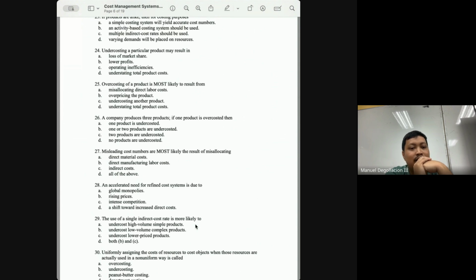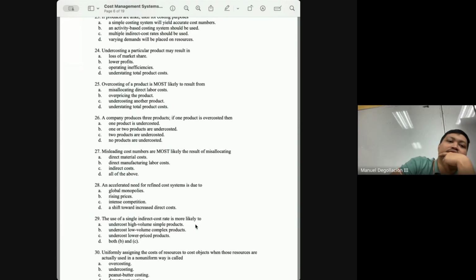Basically, an effect of overcosting or undercosting, class, would be erroneous determination of your profit. But the reason why we can eliminate letter C, class, is that the process itself may not be inefficient, but there is undercosting simply because you have only used a simplified allocation basis.